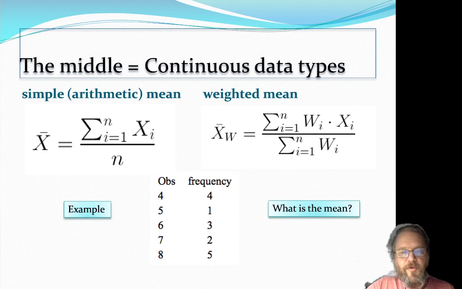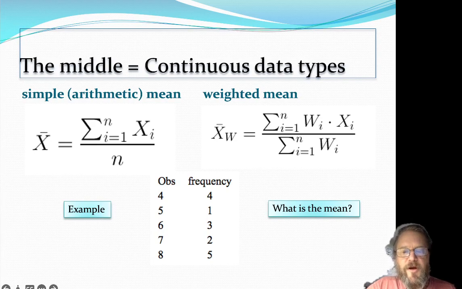And then I take all of these 4s, 5s, 6s, 7s, 8s. So 4 individuals with 4, 1 individual with 5, 3 individuals with 6, 2 individuals with 7, 5 individuals with 8, and I'd add those up over and over again to get the sum, and then divide by the sample size. That's the sample mean.